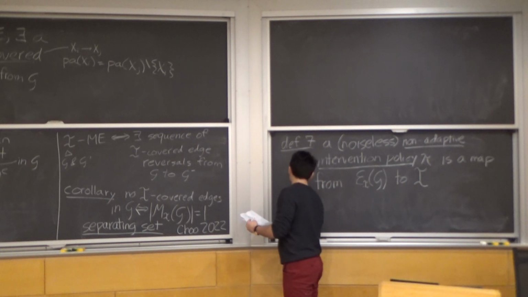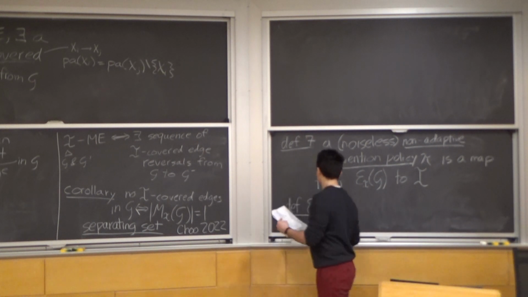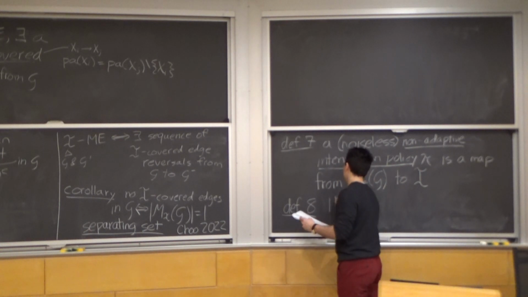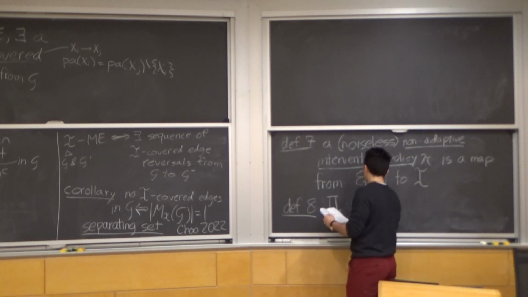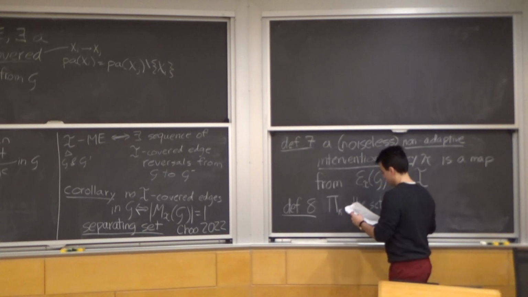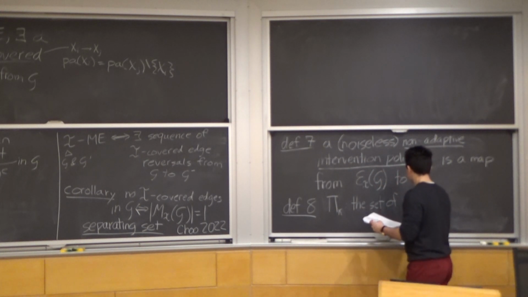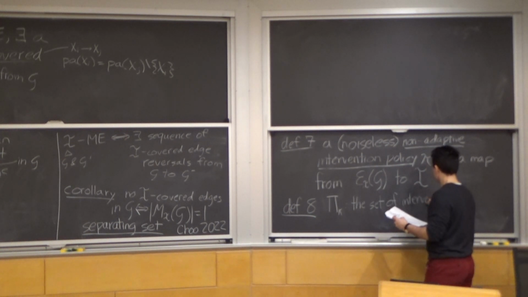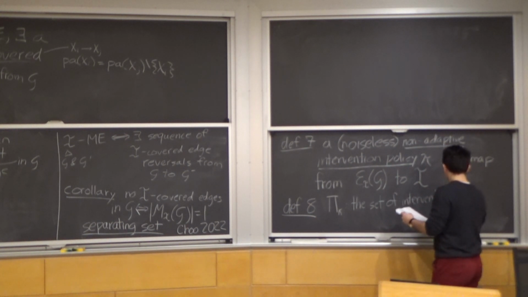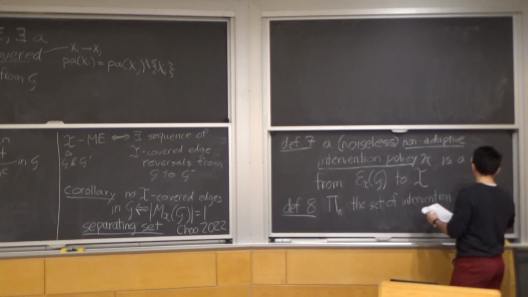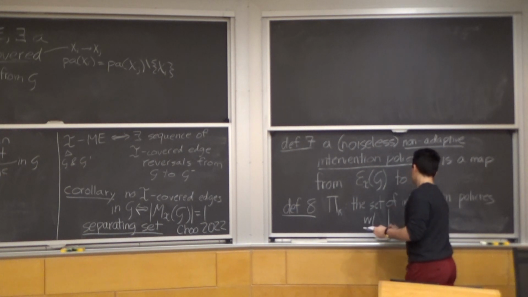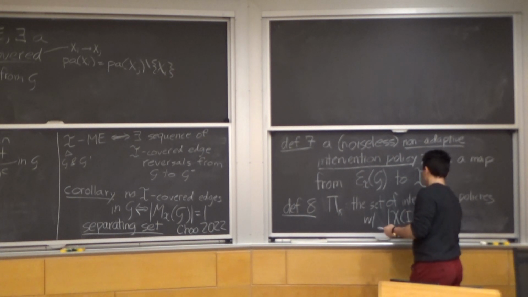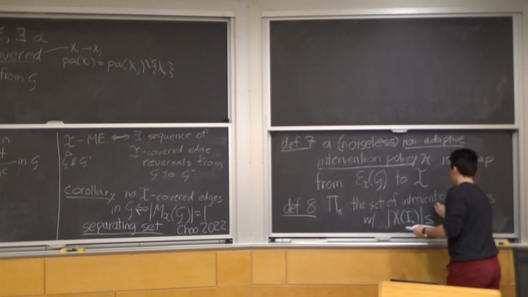So we can also introduce this capital pi k, which is the set of intervention policies with every intervention in that policy, so the number of intervention targets, bounded by k.